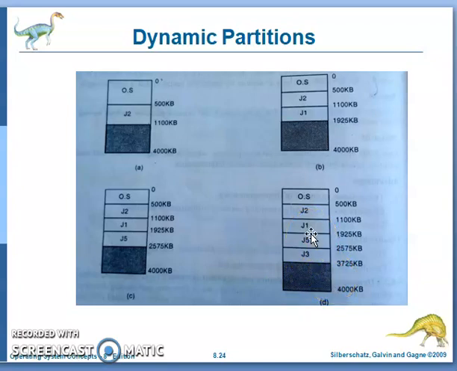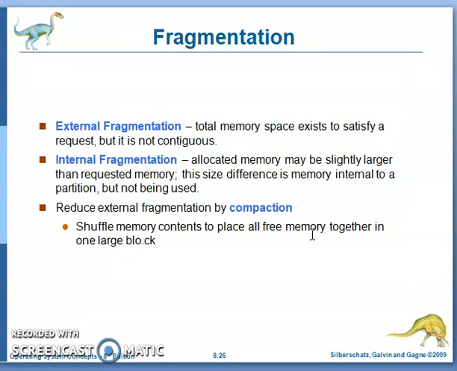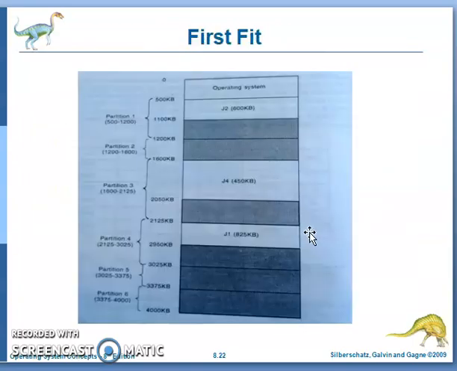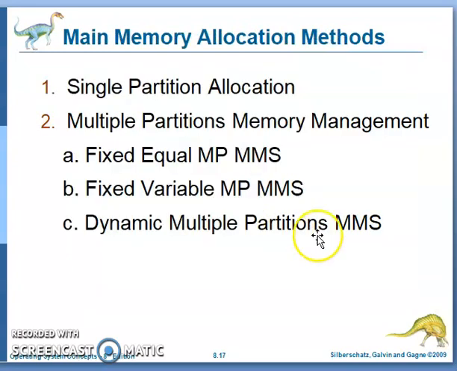This is dynamic partitions. These are the multiple partitions: equal, fixed variable, and dynamic. Memory allocation method is one important topic. One is the single partition allocation, second is the multiple partitions.